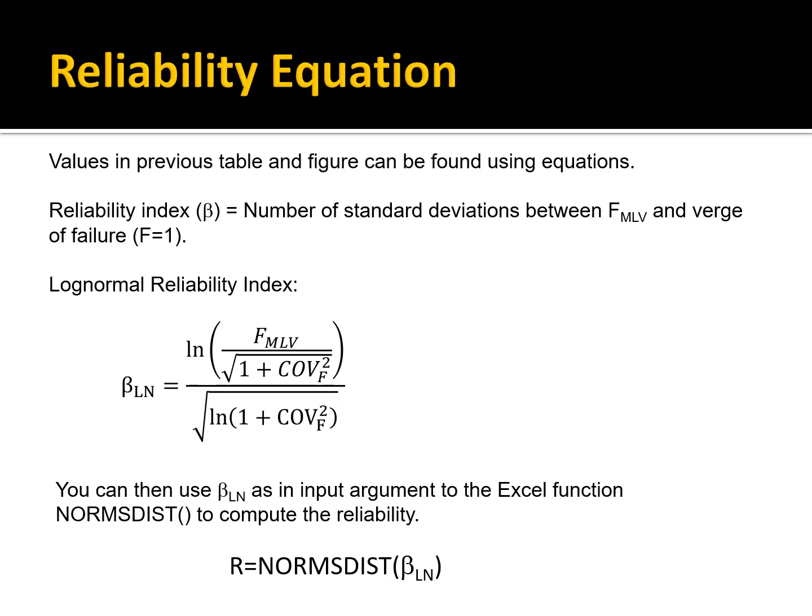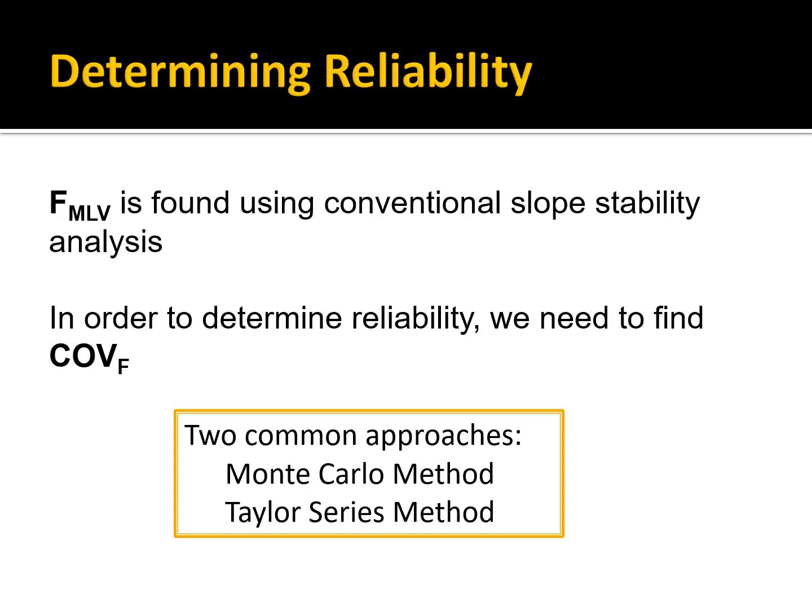So again, once you have the FMLV and the coefficient of variation on the factor of safety, it's a really simple and straightforward way to get the reliability and the probability of failure. But how do we come up with the COFV, the coefficient of variation of the factor of safety?